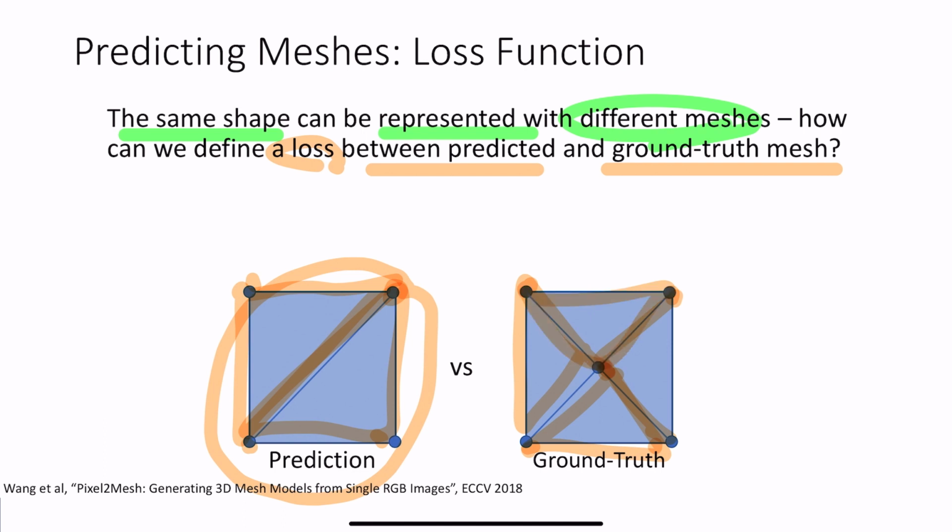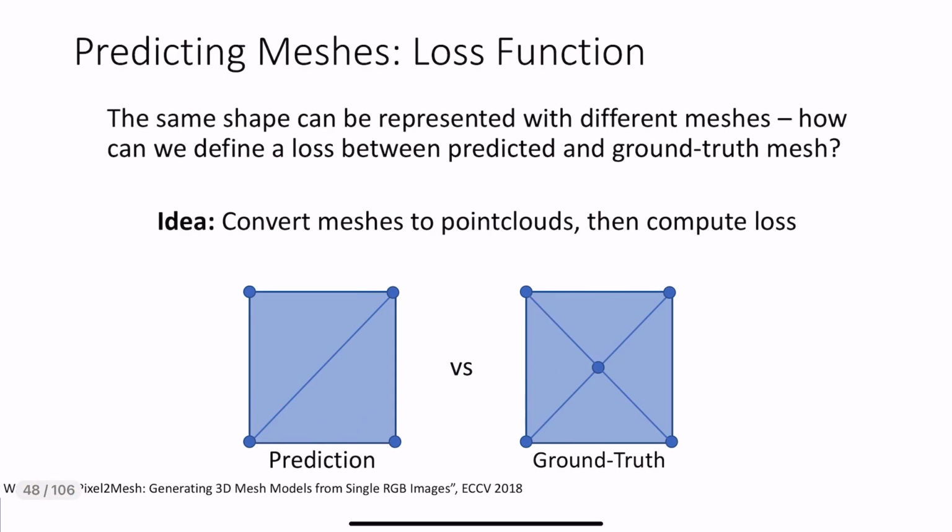Right, so let's define a point cloud based loss function for training the mesh representation. So how can I do that? First of all, convert the meshes to point clouds, then compute the loss. Mesh to point cloud is very, very simple. How?